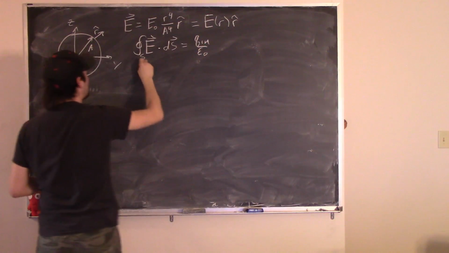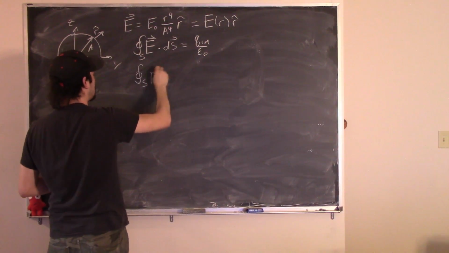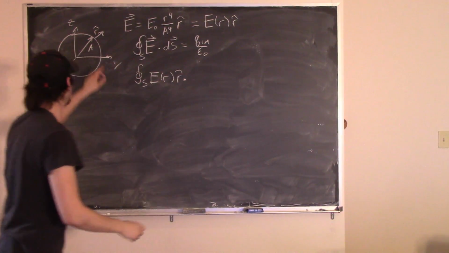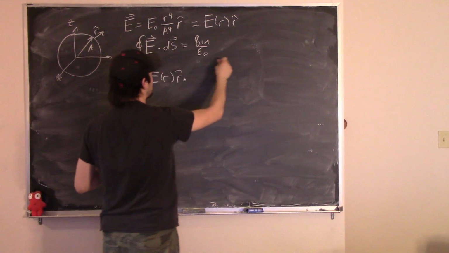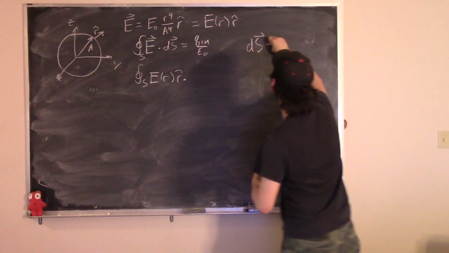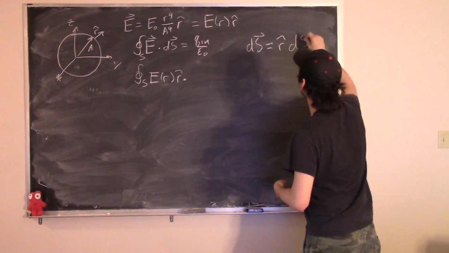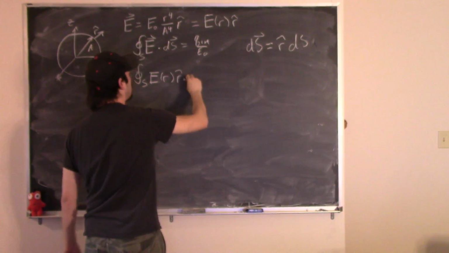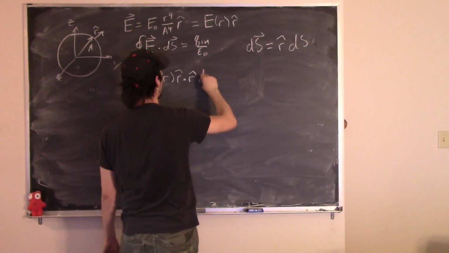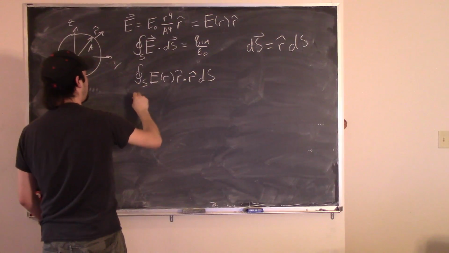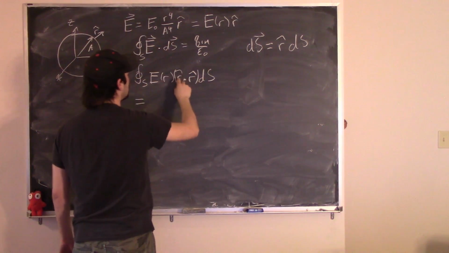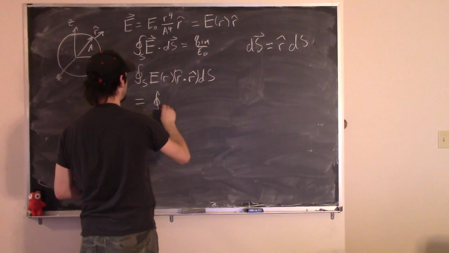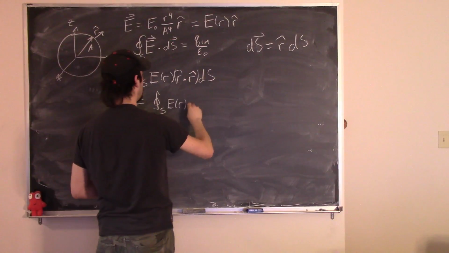So when I plug this in, this is going to be E as a function of r times r hat, dotted with dS vector. dS vector can be written as r hat dS, right? This is just the magnitude and direction. And so this is r hat dot r hat times dS. This simplifies nicely because this r hat is in the same direction as this r hat, so this is going to be E as a function of r times dS.